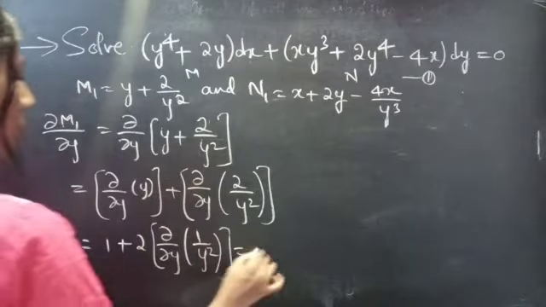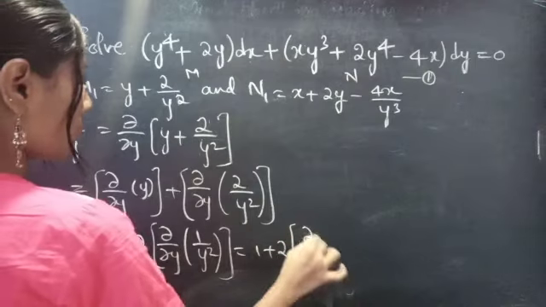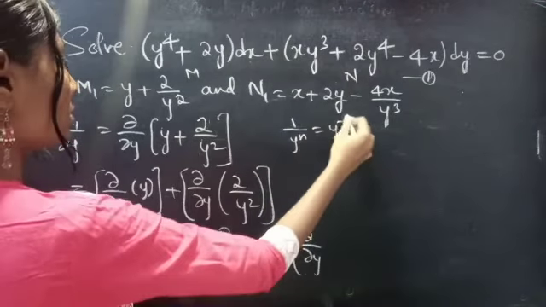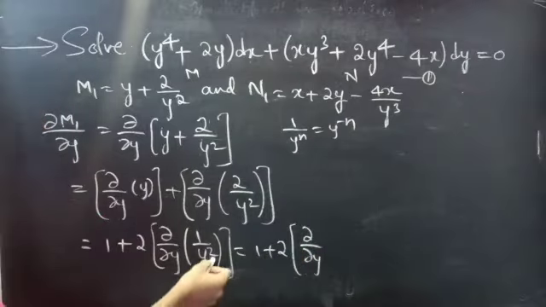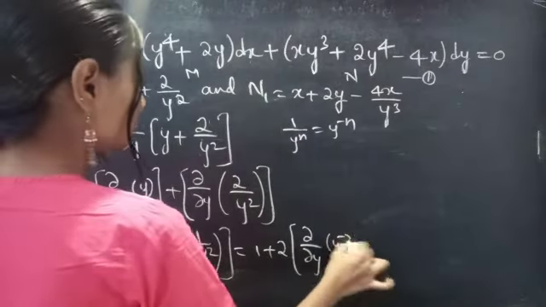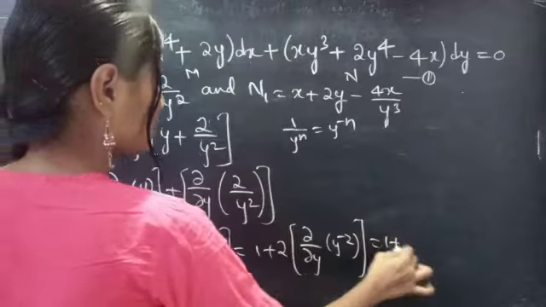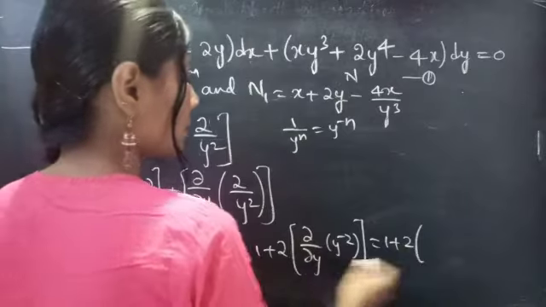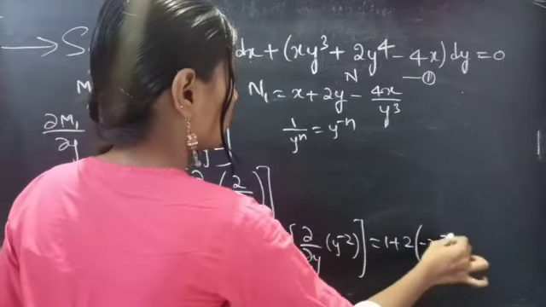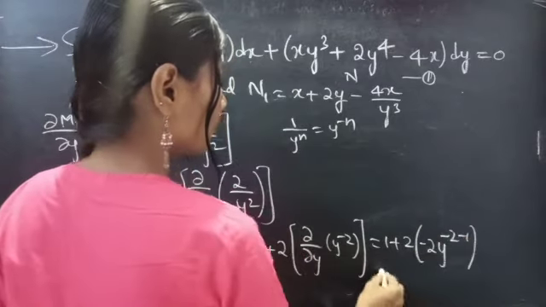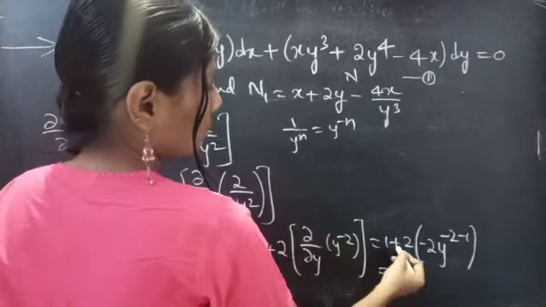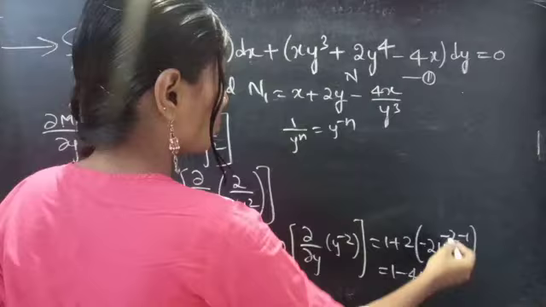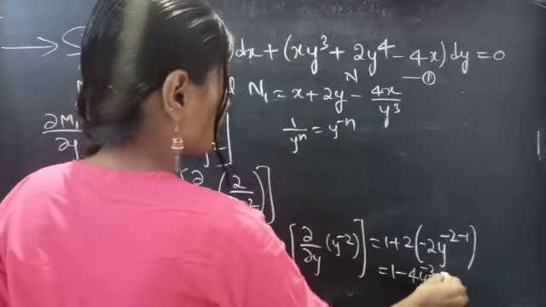We know that 1/yⁿ equals y to the power minus n, so you can write 1/y² as y⁻². This is equal to 1 plus 2 into the partial derivative of y⁻² with respect to y, which is minus 2 into y to the power minus 2 minus 1. Minus 2 times 2 is minus 4, and y to the power minus 2 minus 1 is y⁻³.